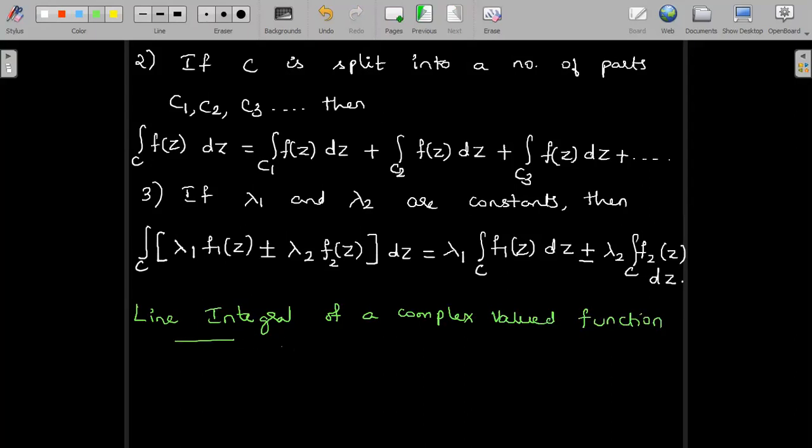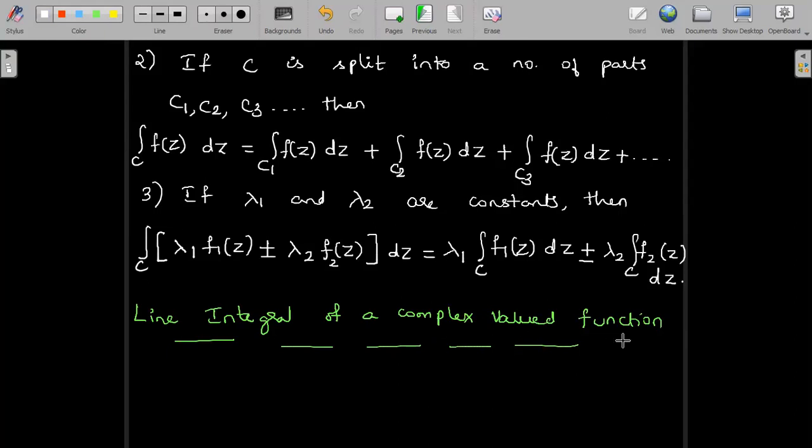The complex valued function is denoted by f of z, which is given by u plus iv. Suppose we represent f of z as a function of x comma y, u of x y plus i into v of x comma y, which denotes a complex valued function over a region R, and suppose C is a curve in the region. Then we will see what happens to integral over C f of z dz after splitting the real and imaginary parts of it.